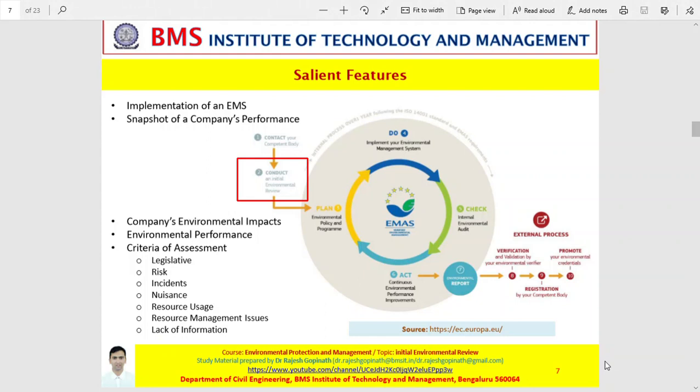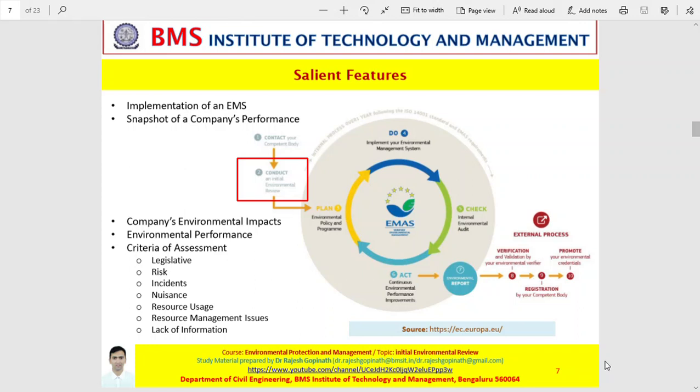As you can see in the image depicted in slide 7, we are aware that implementation of any environmental management system in any organization has to be comprehensive, understandable and transparent.